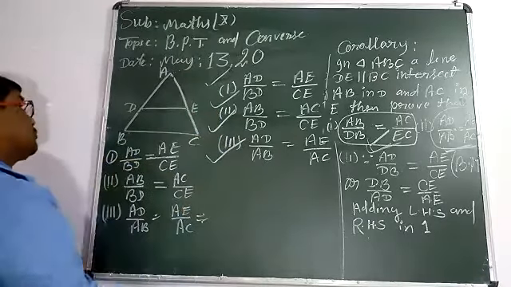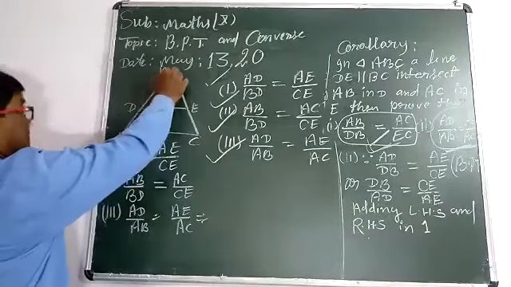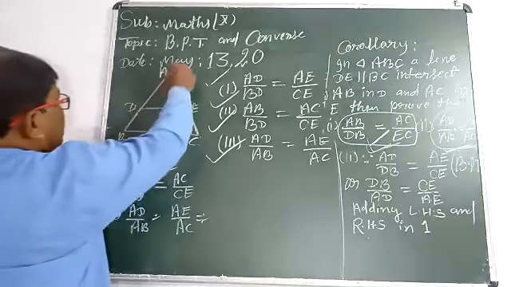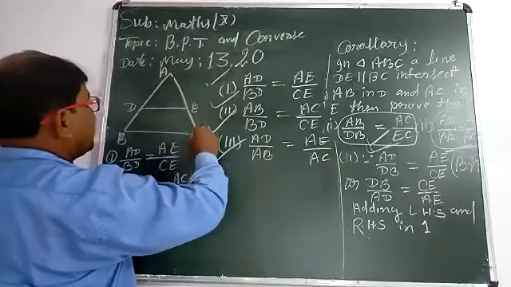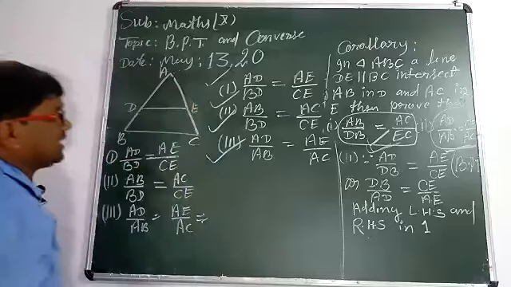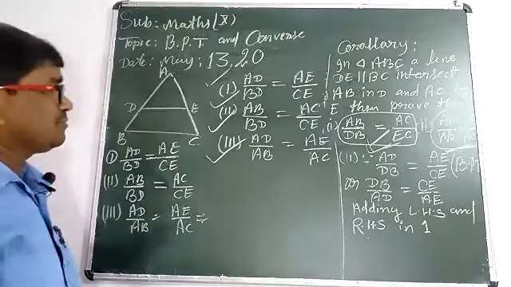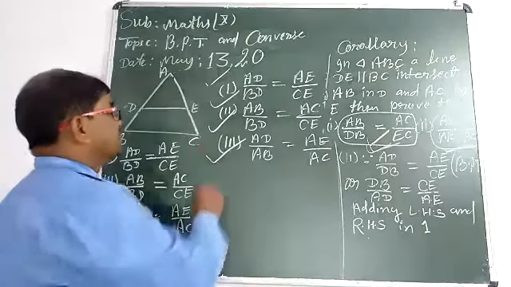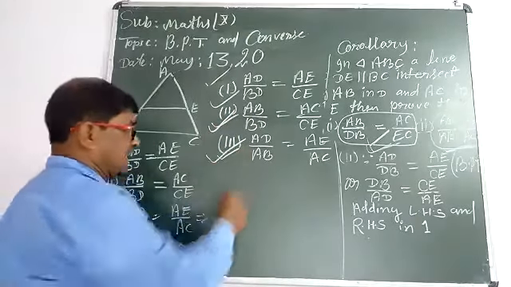Second corollary, second intercept AD upon AB equal to AE upon AC. Understood, student? Okay. So these two are corollaries.